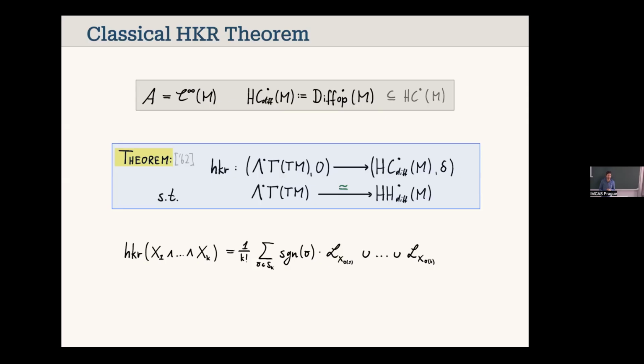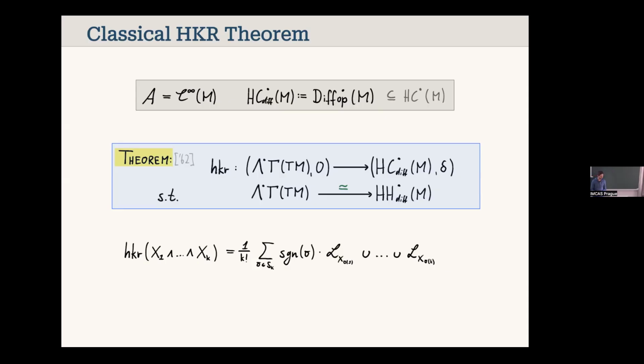And this map is actually a quasi-isomorphism, so it gives us an isomorphism after going to cohomology. Since we have the 0 differential on the left-hand side, in cohomology we just get the multivector fields. And on the right-hand side, we really get the differential Hochschild cohomology we're interested in for finding star products, for finding quantizations of our Poisson manifold.